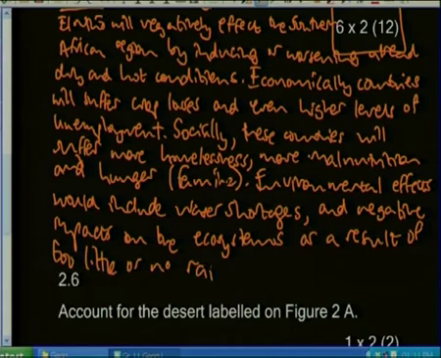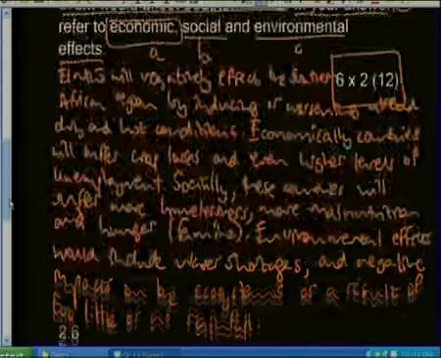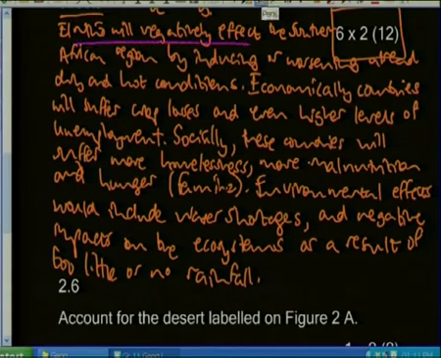So basically, people are going to suffer. The environment, animals, everyone is going to be negatively affected by El Nino. And this is what we're looking for here in our answer, right? That it's a negative effect.